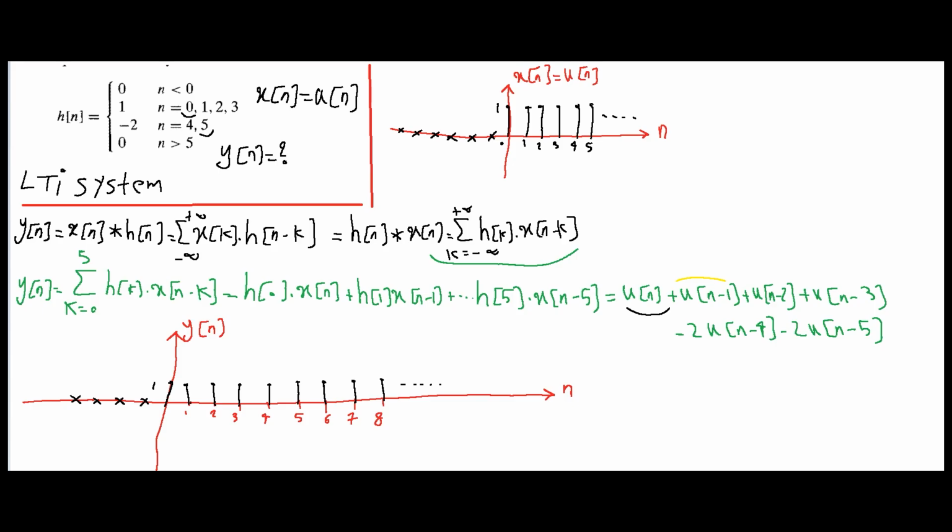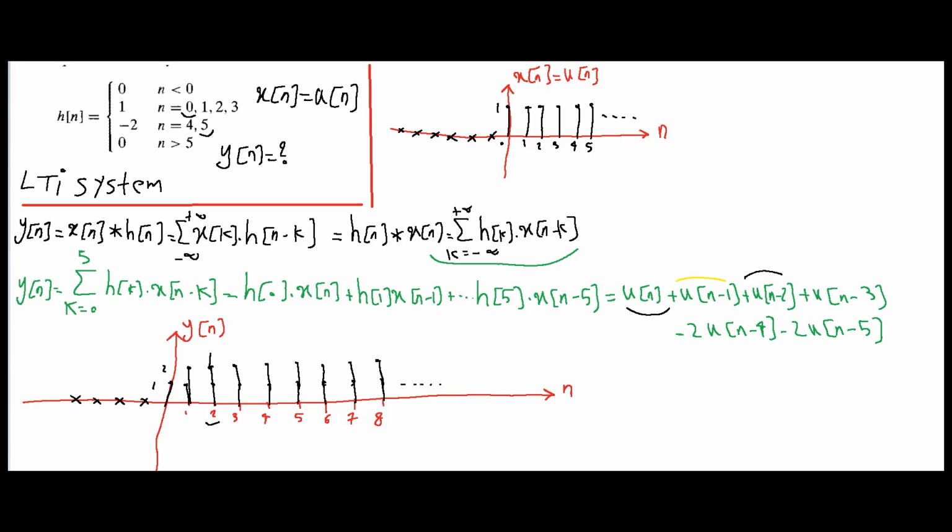That means we have to shift u[n] 1 unit to the right. Therefore, at n equal to 1, u[n] is 1, and this adds 1 more, so it becomes 2. At n equal to 2, it becomes 2 as well. And in the same way, it continues.